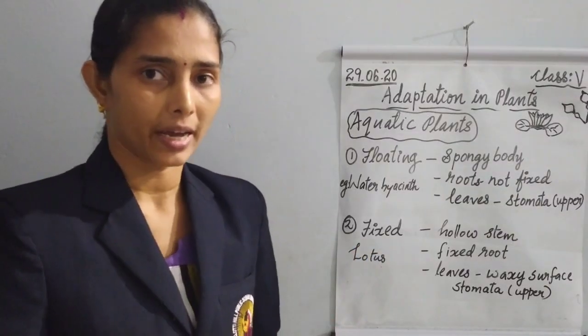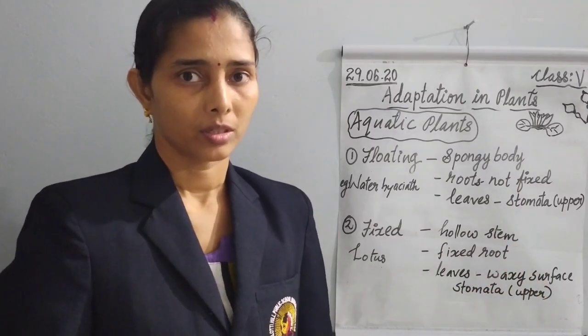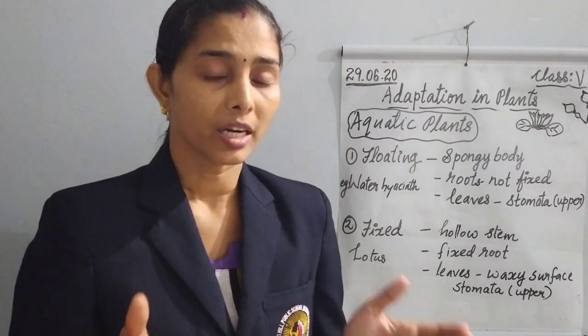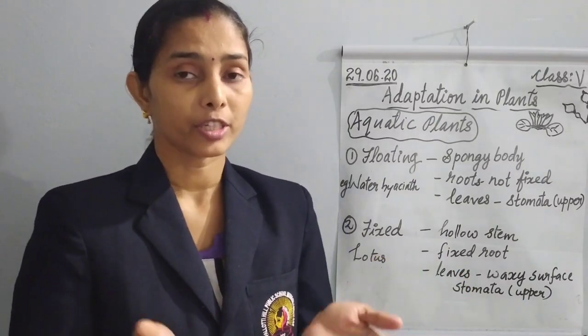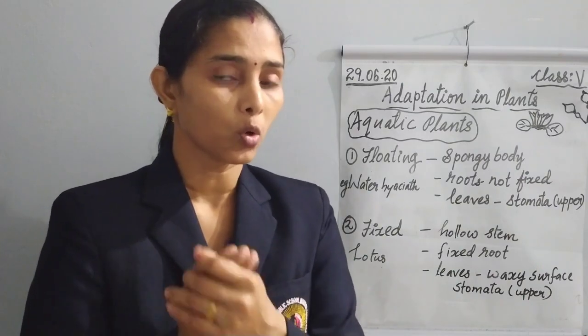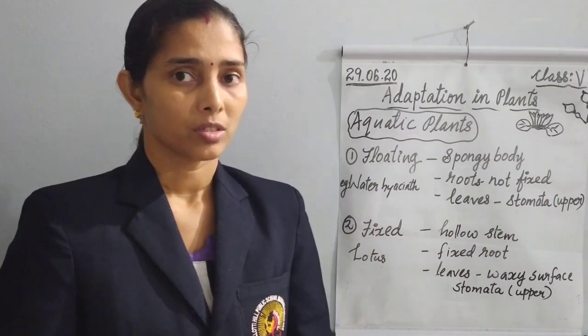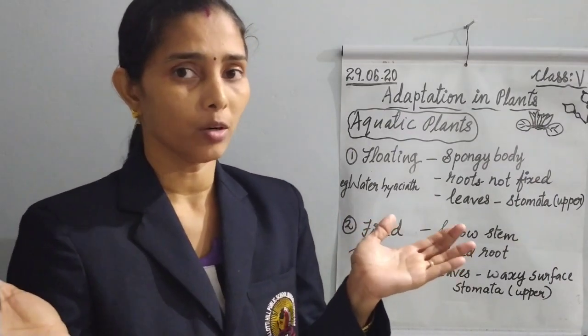The fixed plants have a hollow stem. Their stem is hollow because their leaves will be floating on the water. Inside the hollow stem there will be air. So that is why their leaves can float on the water.